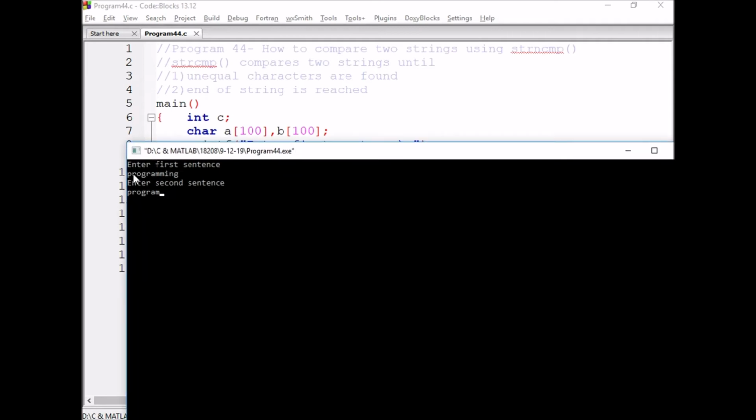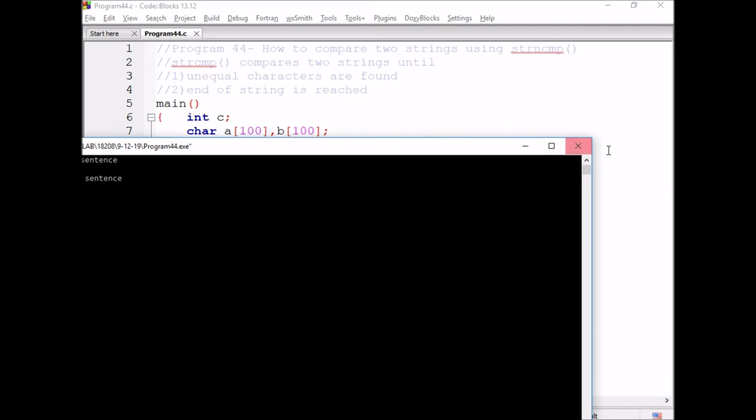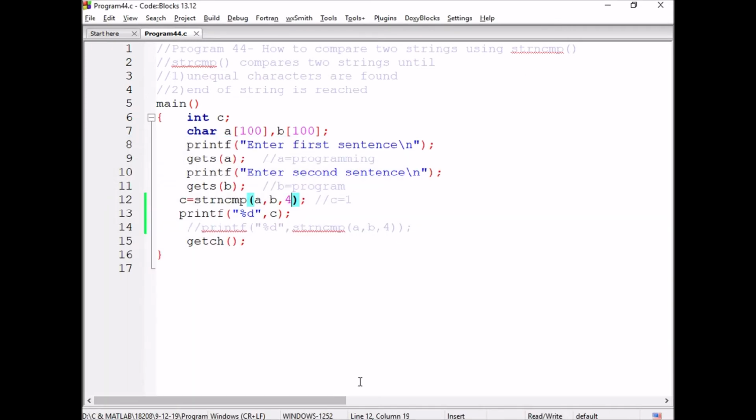So the 4 characters PROG, the result is 0. Because this string comparison function strncmp is comparing the two strings until the number of characters we have mentioned here. That is the only difference between strcmp and strncmp.